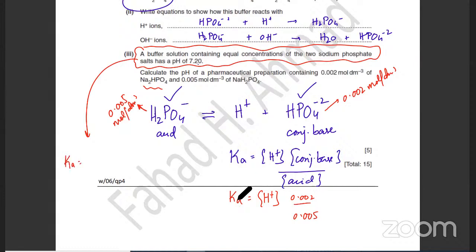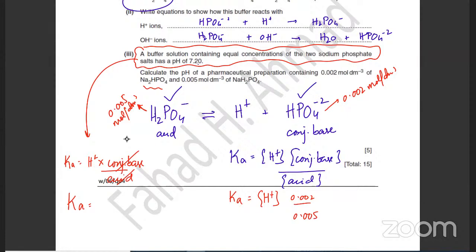It's H plus 1 into the conjugate base concentration or the salt concentration divided by the acid concentration, right? They said that the two sodium phosphate salts have equal concentrations. So if they have equal concentrations, that gets cancelled out.